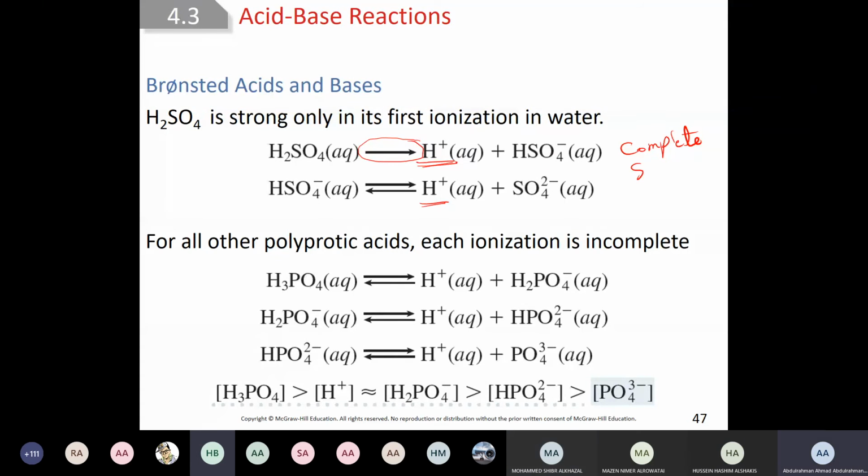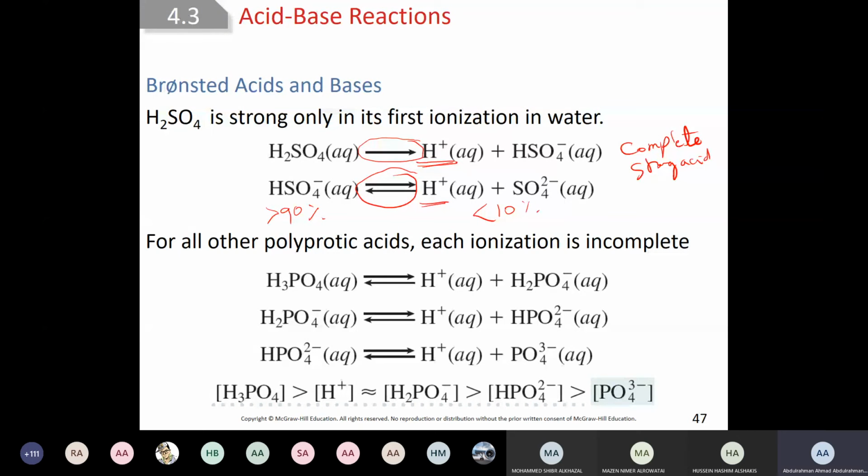Exactly, it is a strong acid. When we write the double arrow, what does it mean? Less than 10%. And the other one is 90% or greater than 90%. This means it's going back and forth.